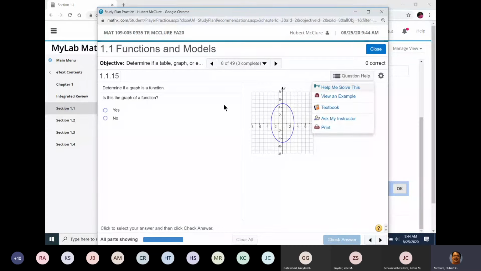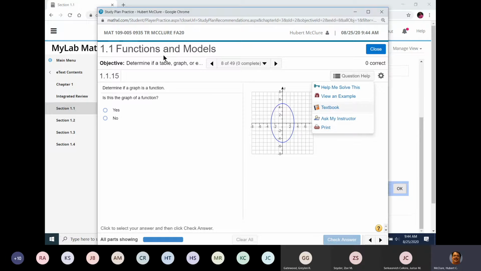Write this down in your notes: study plan does not count for any grade. So you can get them wrong all you want, you can get them right all you want. They are all extra problems. Think of study plan as a worksheet that you can work on your own that doesn't have any consequences on your grade.